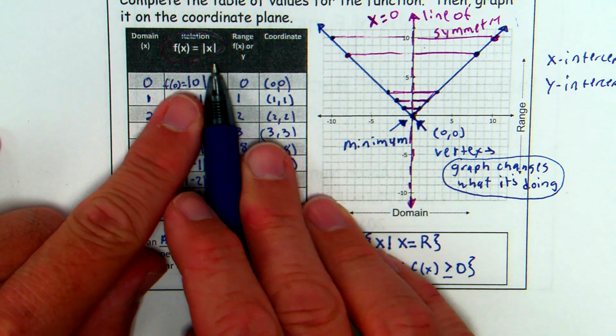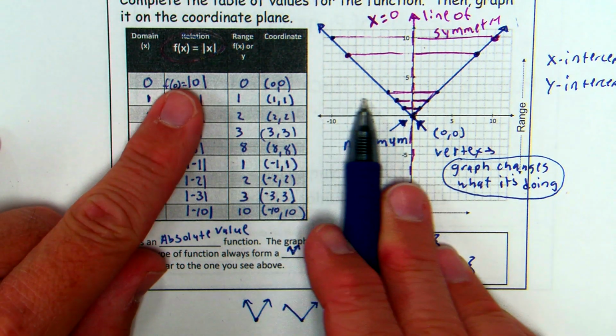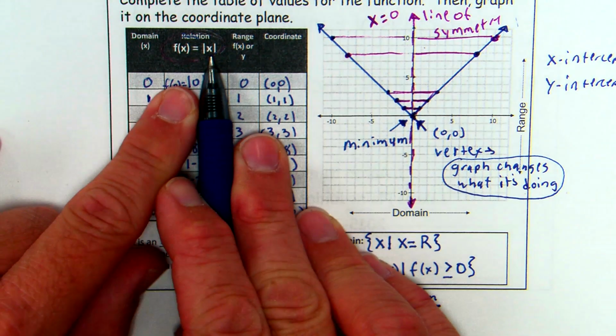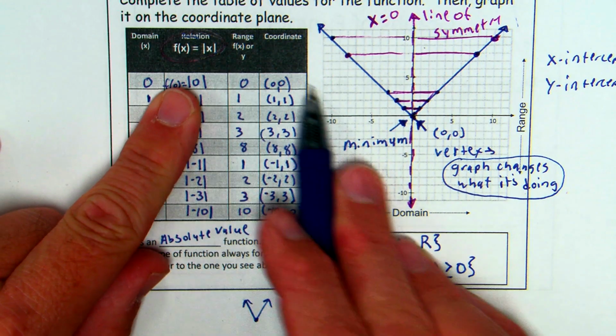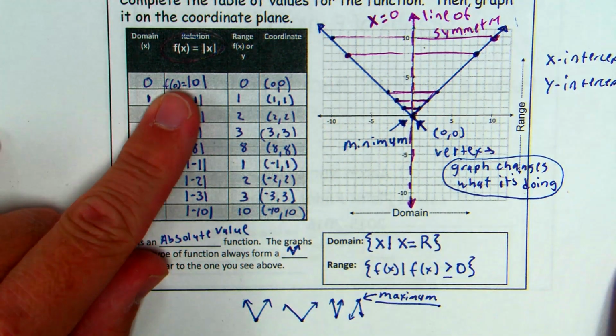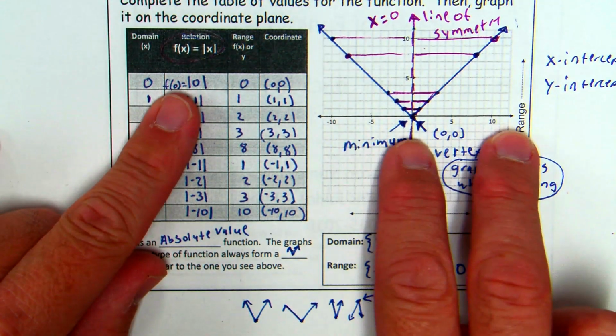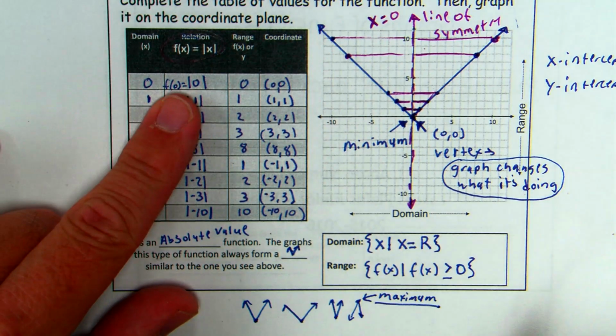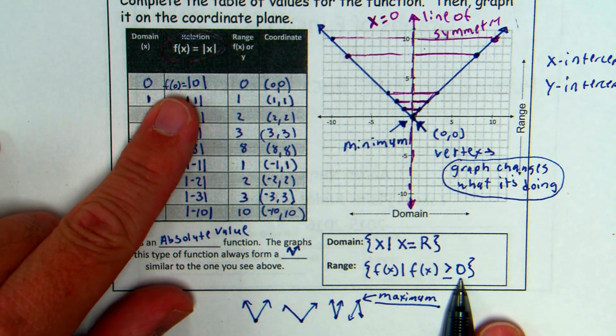If I stick a positive in here, the absolute value comes out as a positive. No matter what I stick in this absolute value function, it's never going to give me a negative number. Now, some absolute value functions will, and that's going to move their graph around in order to make that happen. But in this case, our range is set.